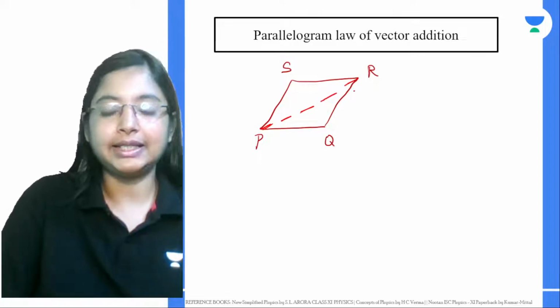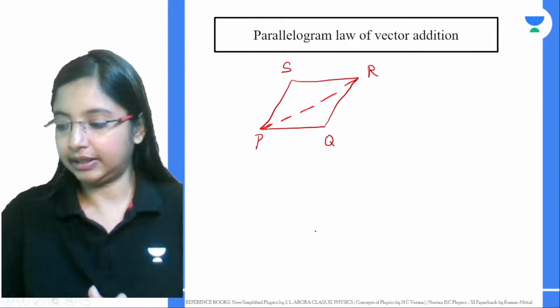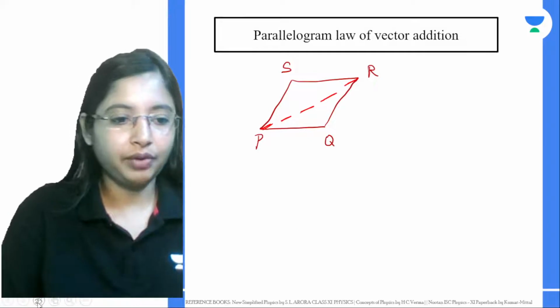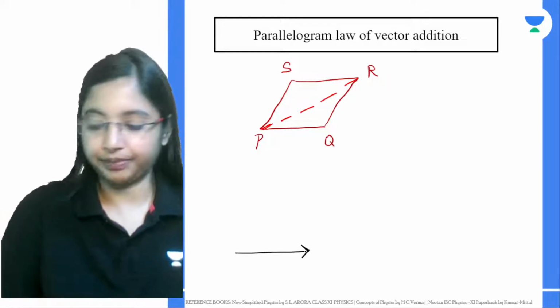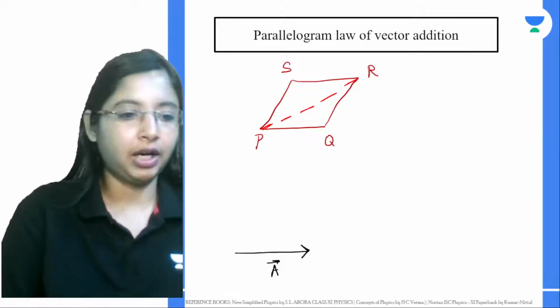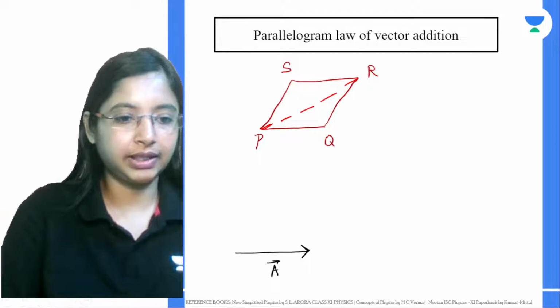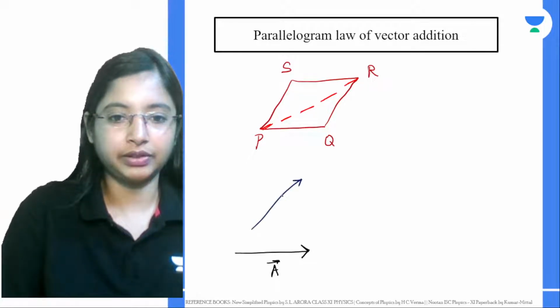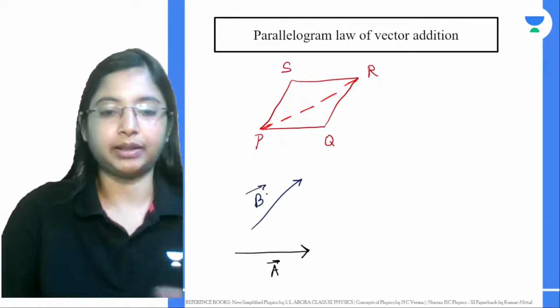Now, same case as earlier. There is one vector which is going in this direction, which is the A vector. There is another vector going in this direction, which is the B vector.